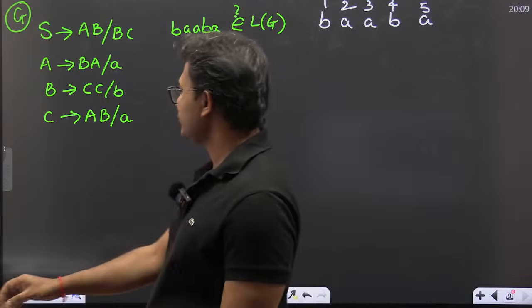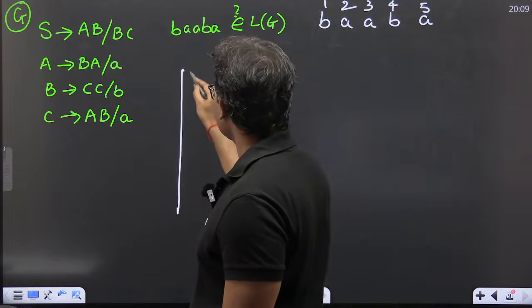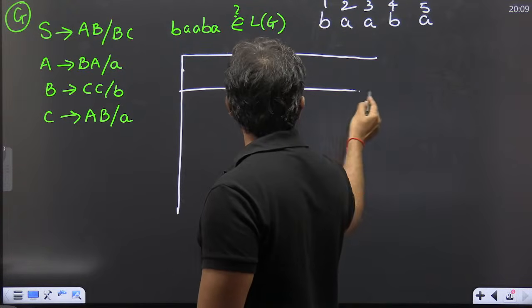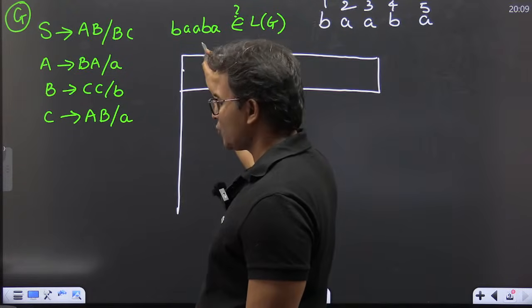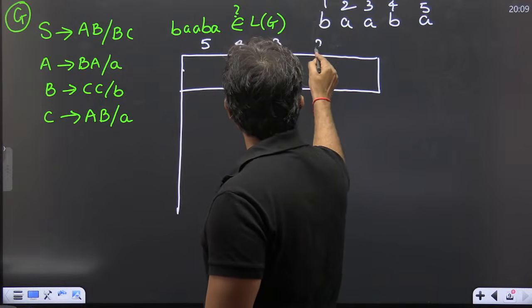So we have 5, right? So we are going to write like this: 5, 4, 3, 2, 1.